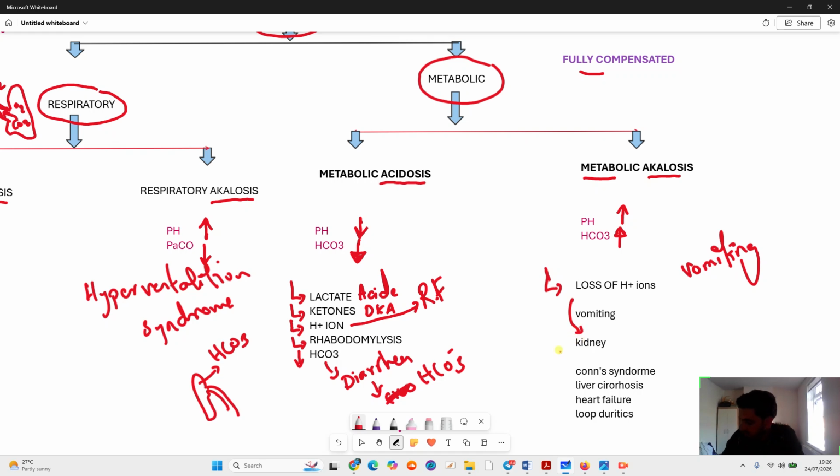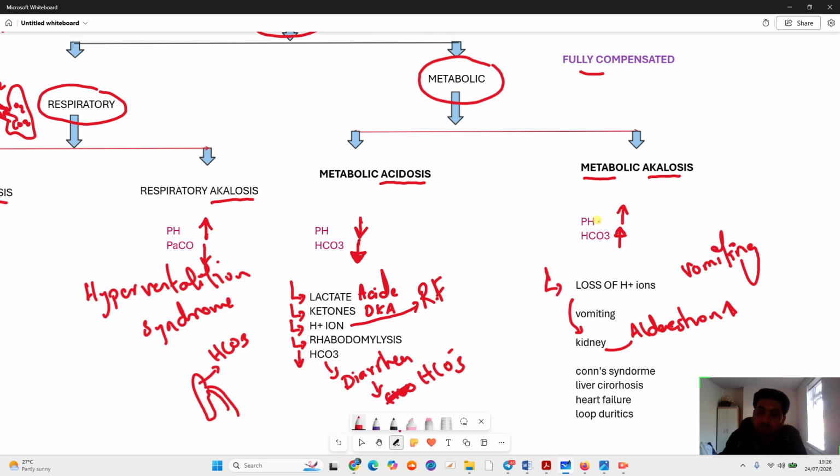Or if the patient, in the kidney, we look for aldosterone, if aldosterone is produced more, due to that, the kidney will excrete more hydrogen and metabolic alkalosis will happen.